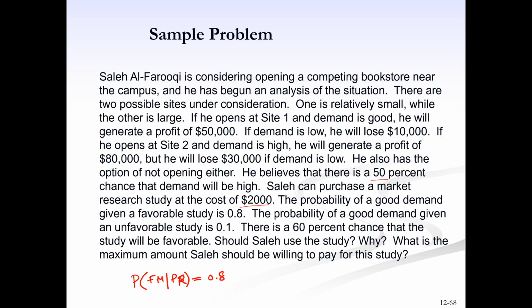So the probability of favorable market, given that unfavorable study, which is negative report, is equal to 0.1. All right, and there is a 60% chance that the study will be favorable, which means positive report.